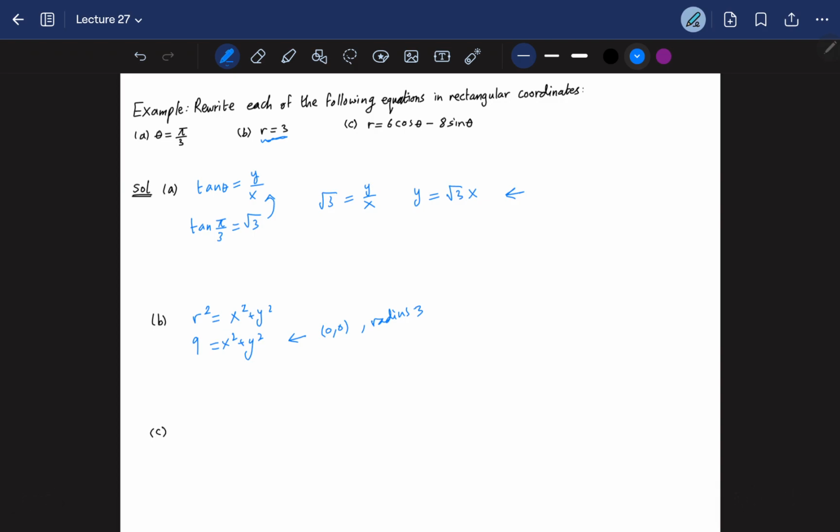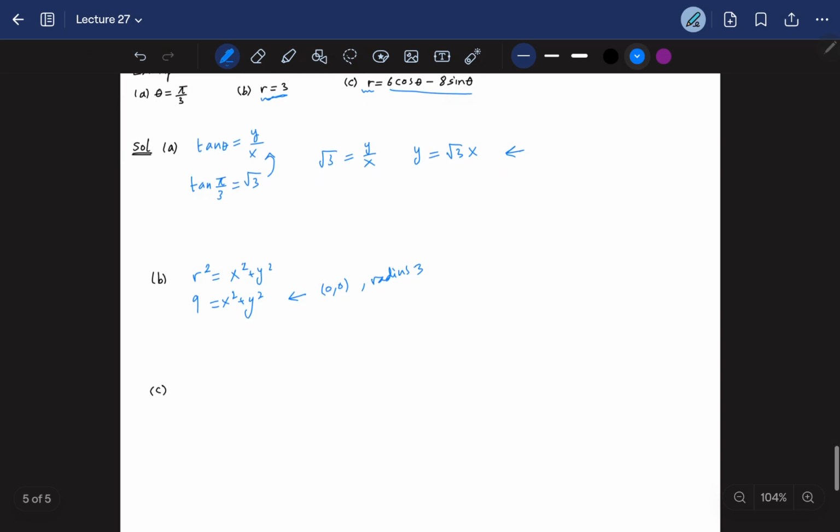Now, the last one is a bit trickier. But like I said before, if I have r by itself, the first thing that you need to think about is, let me multiply by r to get r squared, and I can connect it to the equation of x squared plus y squared that we already know. But if you multiplied on one side, you need to multiply the other side, which is perfect because it's going to help me too.